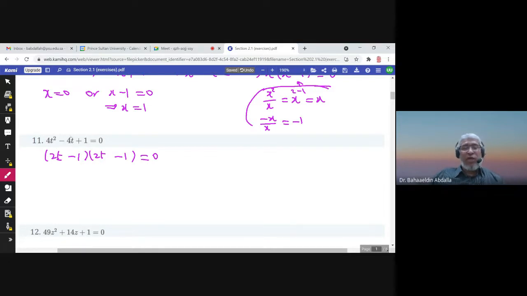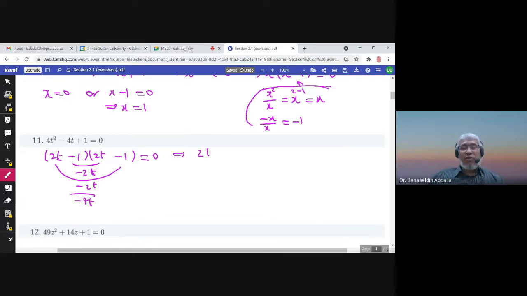Now let me check the midterm. -2t, this is the inner terms, sorry. And the outer terms will give you -2t. If you add, you have -4t, and that's exactly the midterm. So that's the answer. That's the factored form.